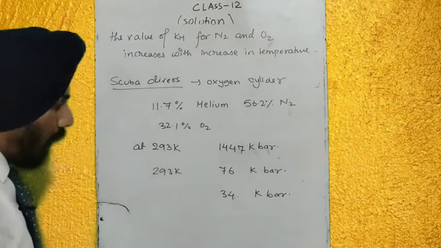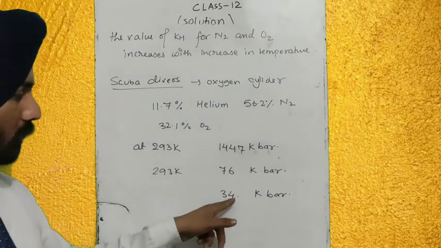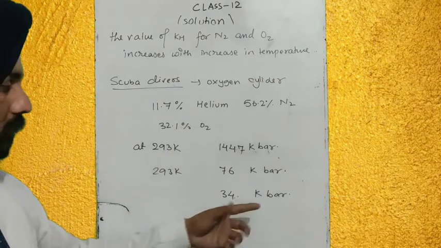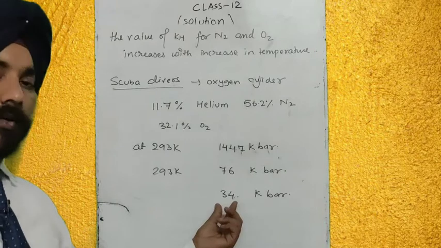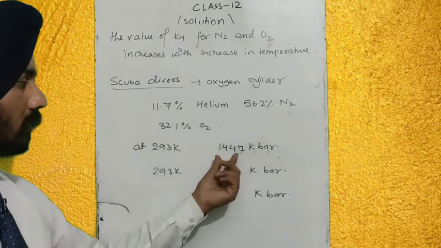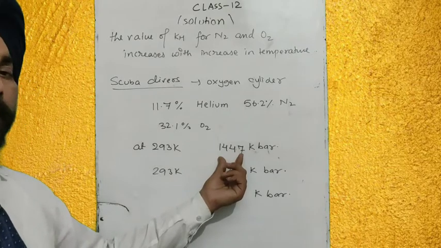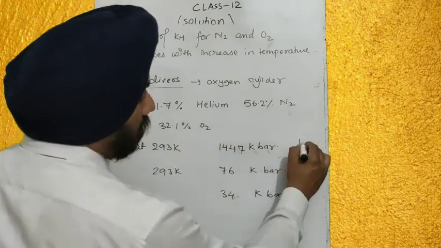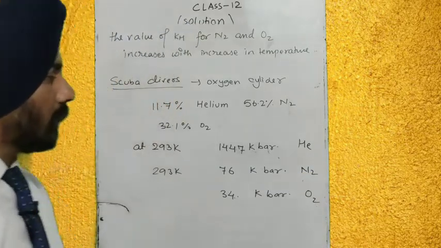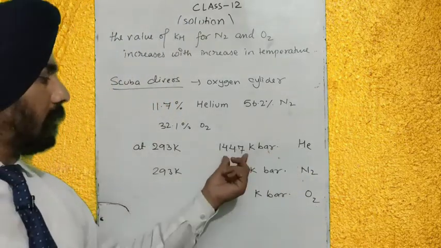Okay, so at 293 Kelvin, which one of the gases will have more solubility? Obviously oxygen, because its value of KH is very small. Then afterward nitrogen, and very less soluble will be helium. This is for helium, this is for nitrogen, and this is for oxygen. So the value of KH for helium is very high.